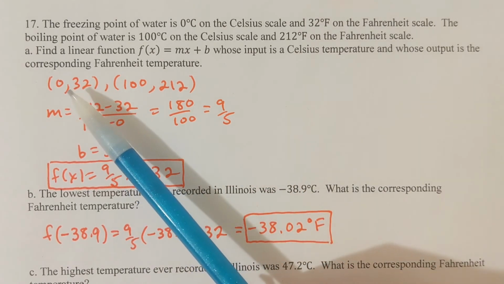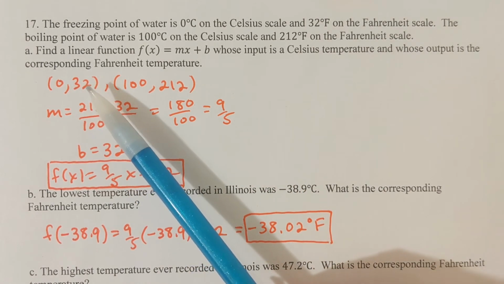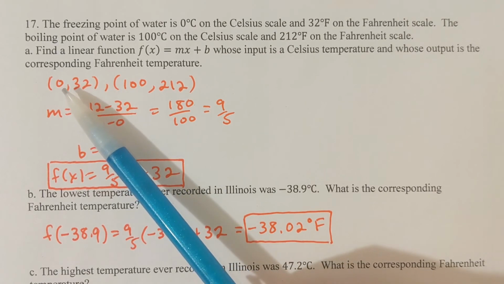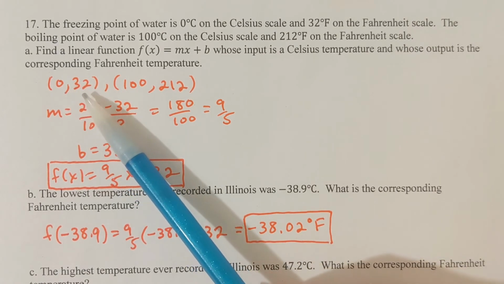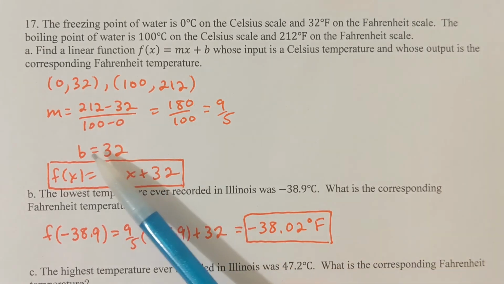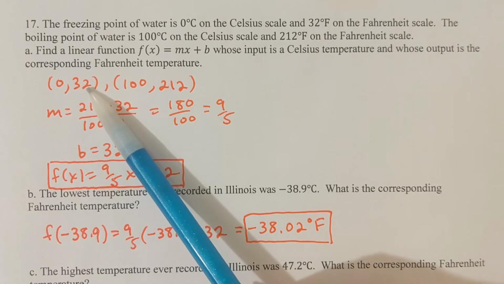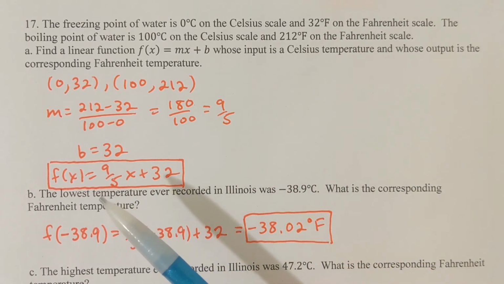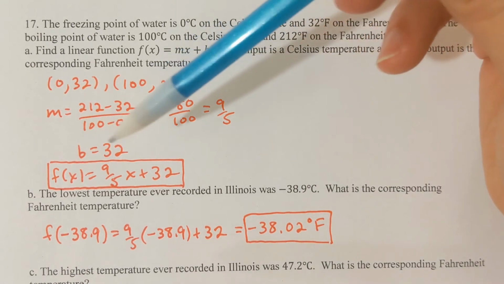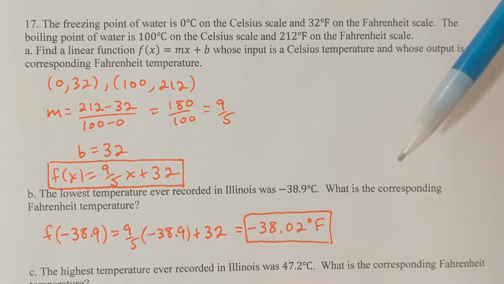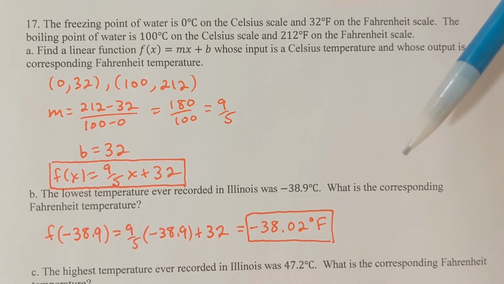Now this point here, (0, 32), is actually the y-intercept. Remember, how we calculate a y-intercept is we let x be 0 and we find y. So all I need to do to get the b value is just pick off the y-coordinate value on this point here. B is 32. The function that we need then is f of x equals 9/5 x plus 32. Okay, and that'd be the answer to part A.